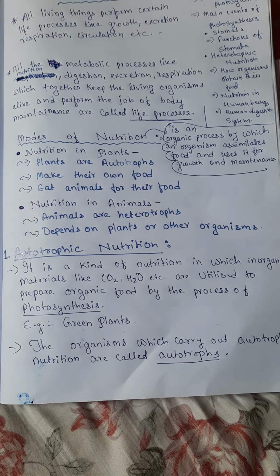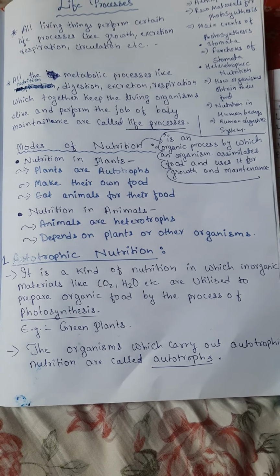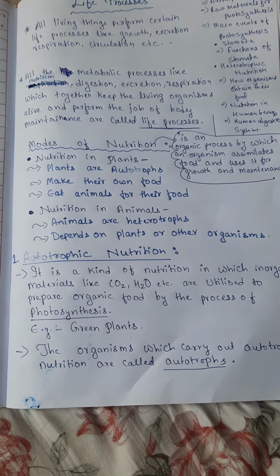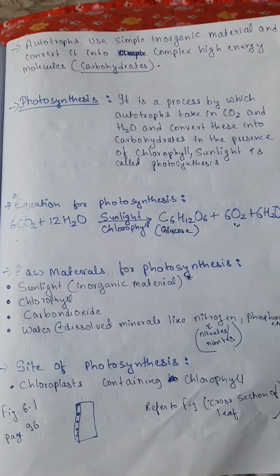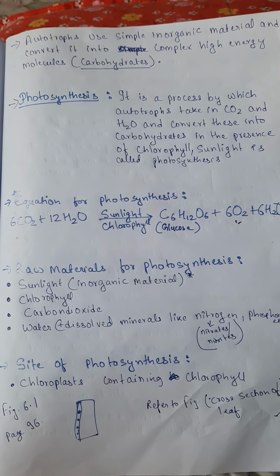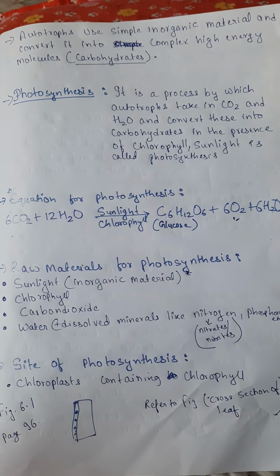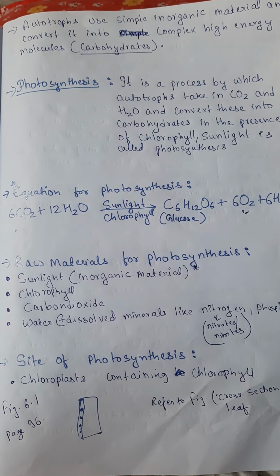Green plants are the organisms which carry out autotrophic nutrition and hence are called autotrophs. Now, autotrophs, green plants, use simple inorganic materials and convert them into complex high energy molecules, that is carbohydrates, by the process of photosynthesis.